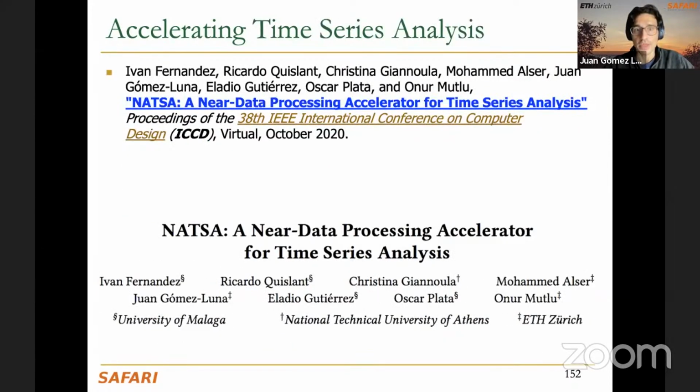Or this NATSA, another processing in memory accelerator for time series analysis, a class of algorithms that have applications in different fields, like, for example, sequence alignment, medical applications like electrocardiograms, or even earthquake detection, and so on.